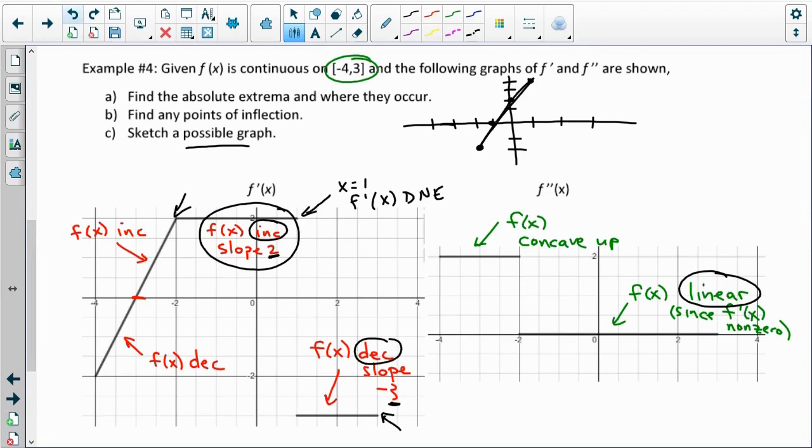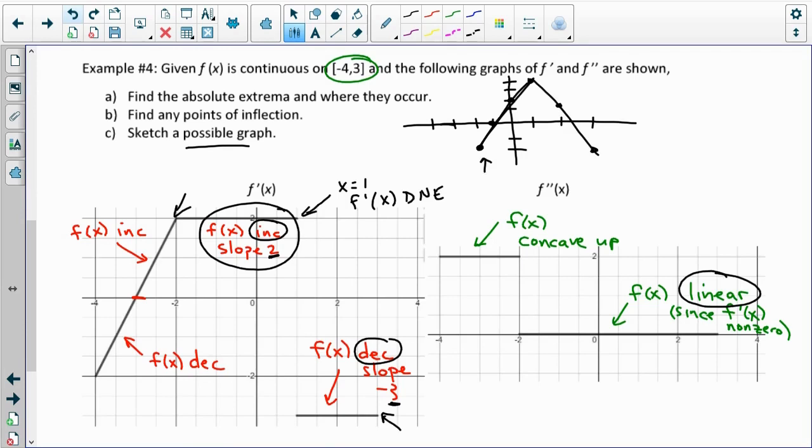Then I have a slope of -3 when x is between 1 and 3. So down 3 over 1. That's not down 3. Sorry. Down 3 over 1, down 3 over 1.